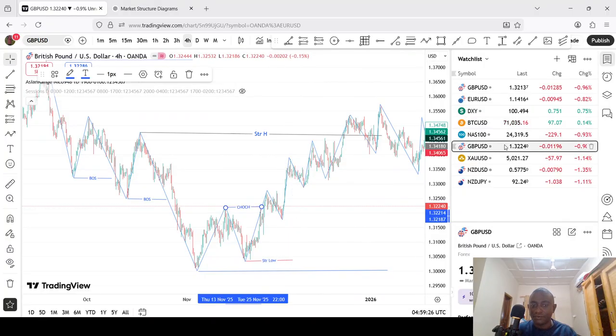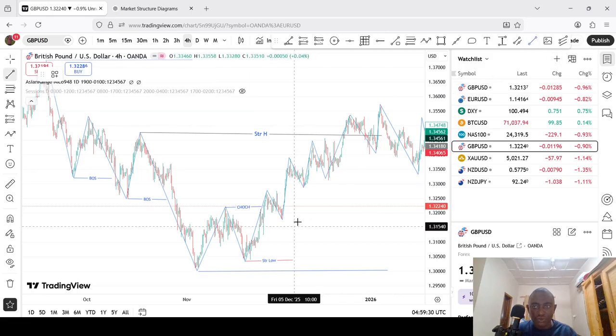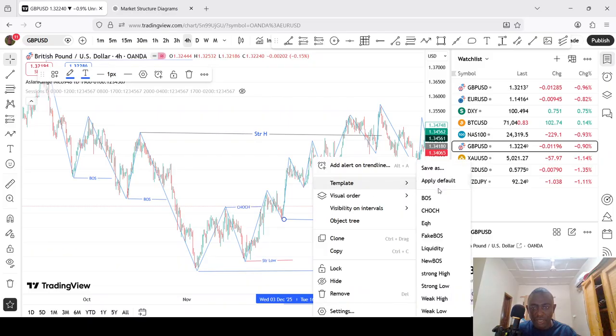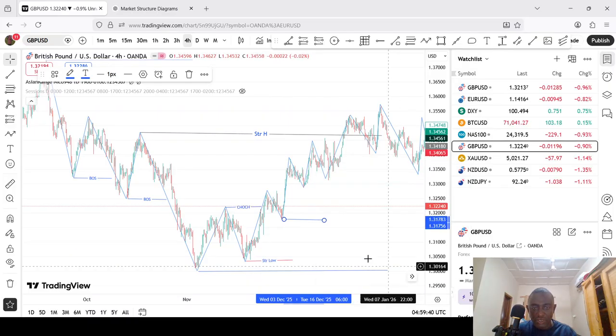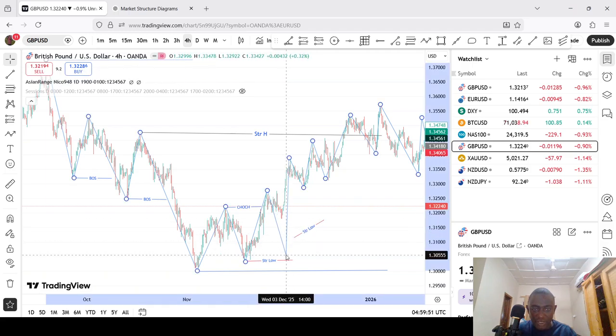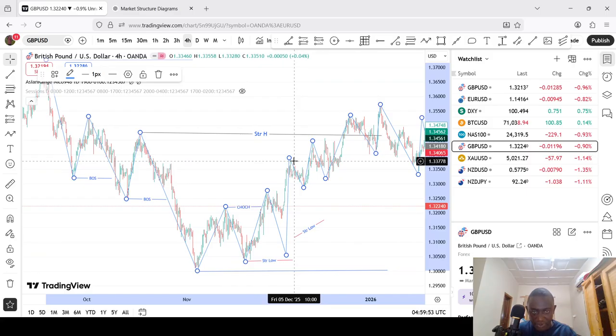I hope you get it. And it took this place to again just move from here. So here too became our strong low. We were not expecting price, once it took this place, to break this level. But it could have come all the way here before going up.